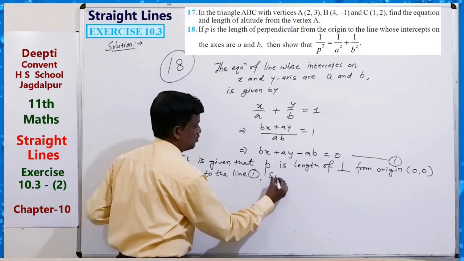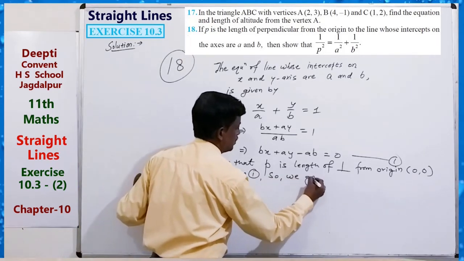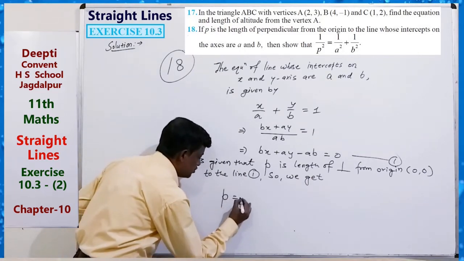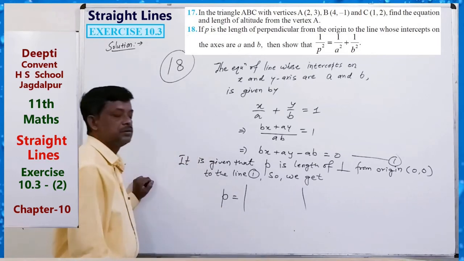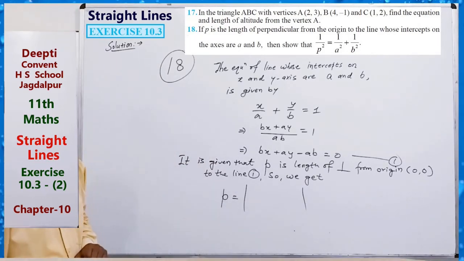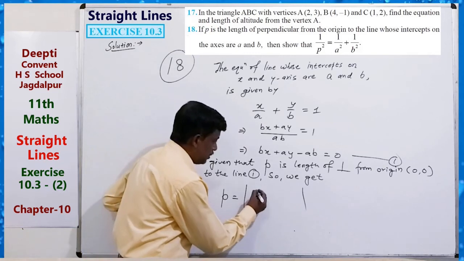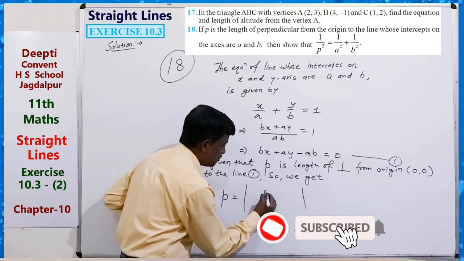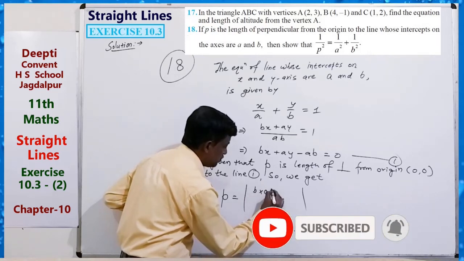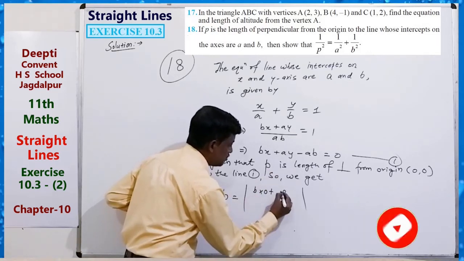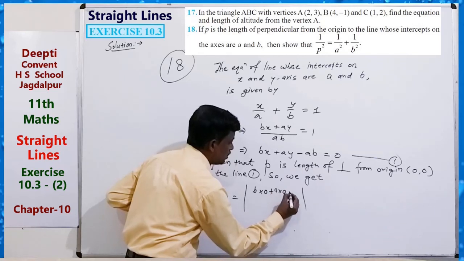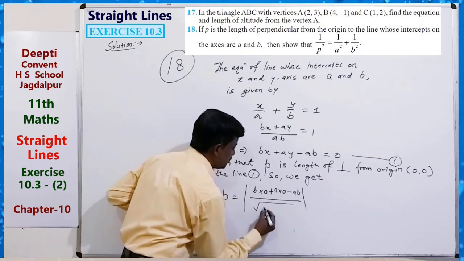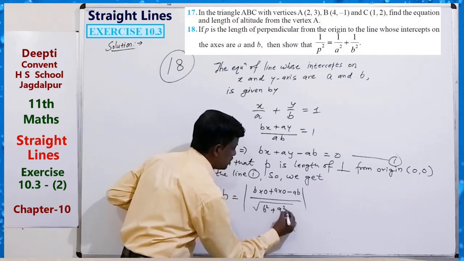So we get p equals, putting x0 in place of x into coefficient b, plus y0 into coefficient a, minus ab, upon root over b square plus a square.